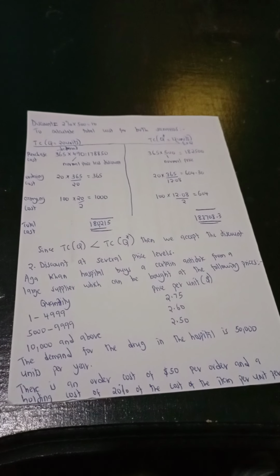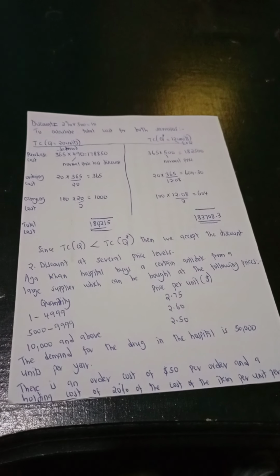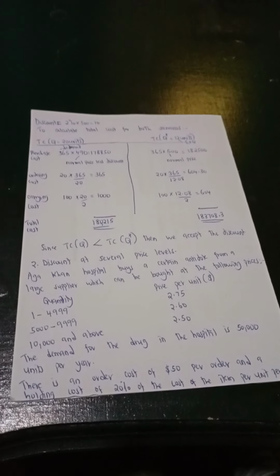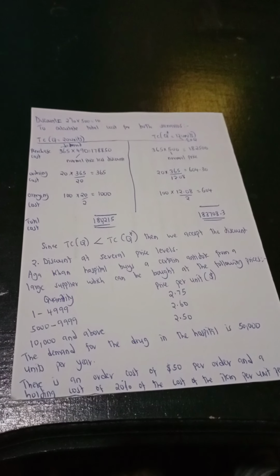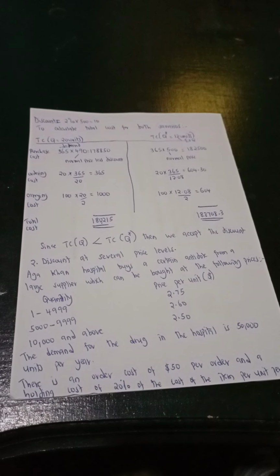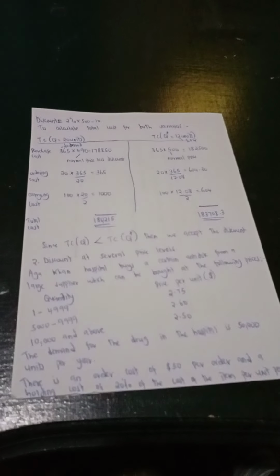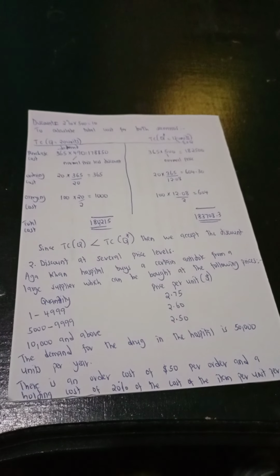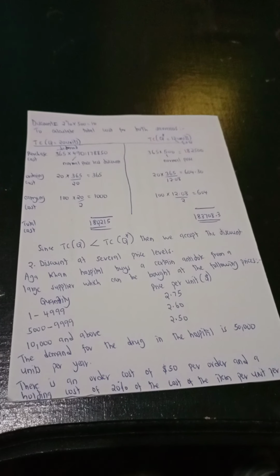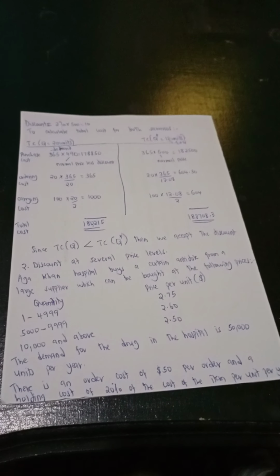Ordering cost is going to be 20 times 365 over 20, which is 365. And the carrying cost is going to be 100 times 20 all over 2, which is 1,000. And when you calculate the total of those three costs, you're going to get the total cost as 180,215.